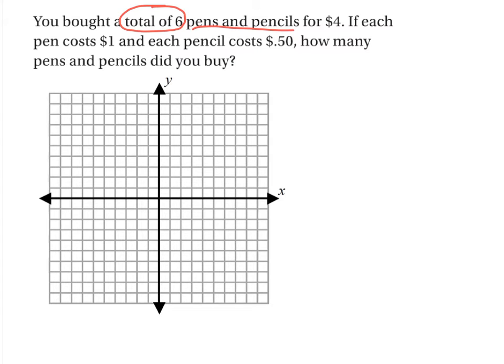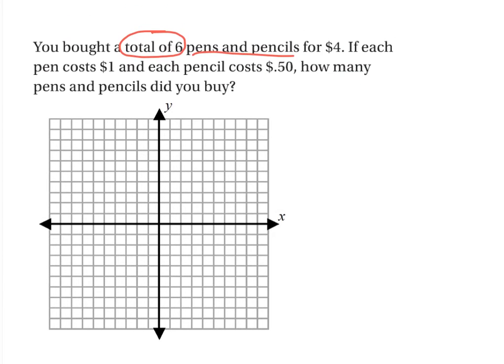Okay? So our first equation, and by the way, let's see here. Pens and pencils. Let's give variables there. Since our graph is in x and y, let's have pens and pencils be in x and y. All right? So let's have pens be x, pencils be y. Okay? And once we have that, x and y is going to be the number of pens and pencils.